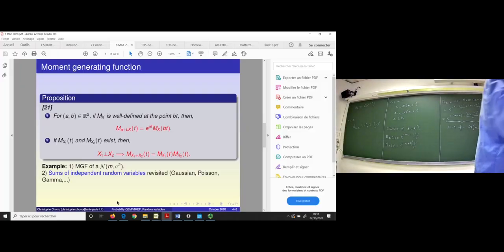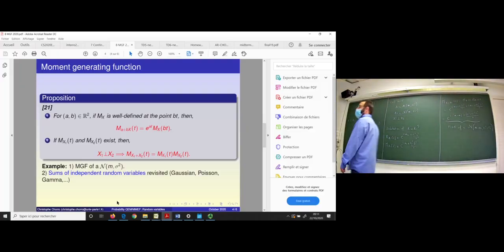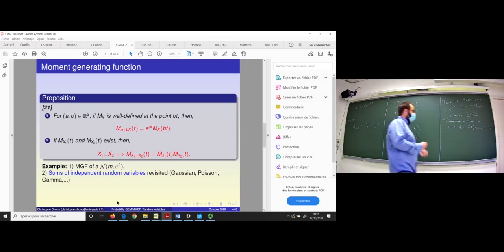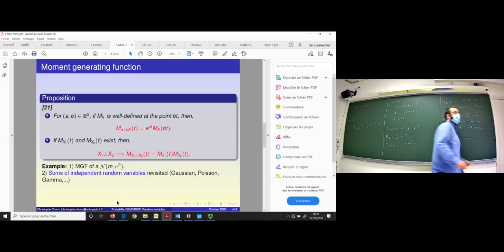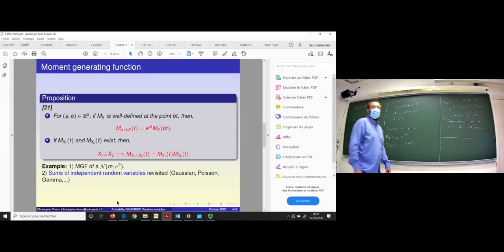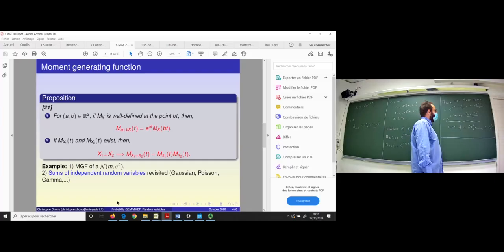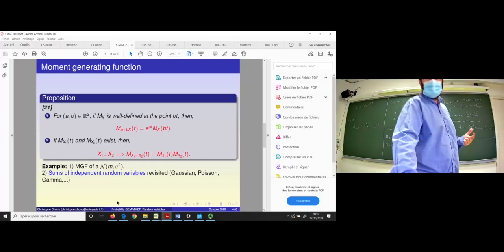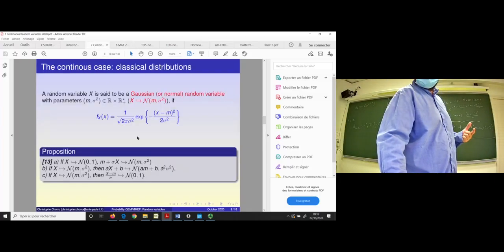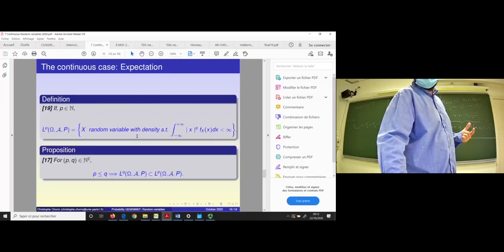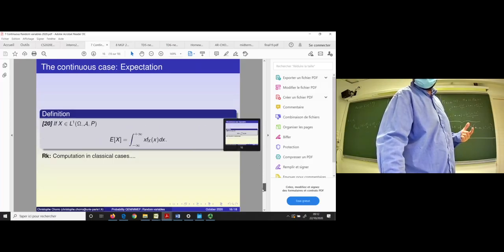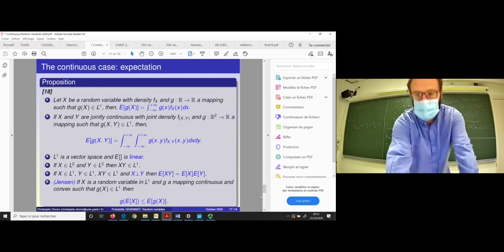So if you have some time during the holidays, you can try to do the following one here, to see the fact that the moment generating function is a really powerful tool. Okay? So in a few minutes we are going to do exercise 2 of the list 6, where we are going to use this one.